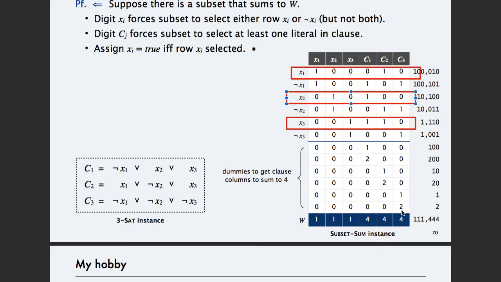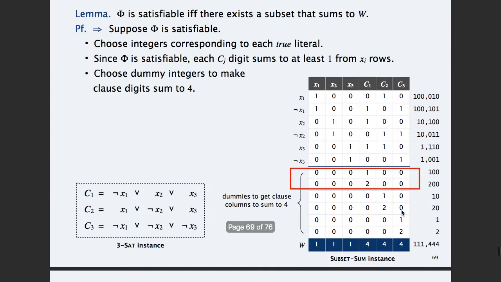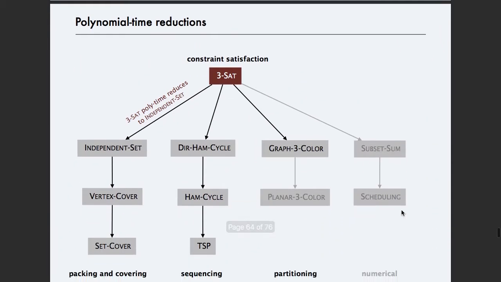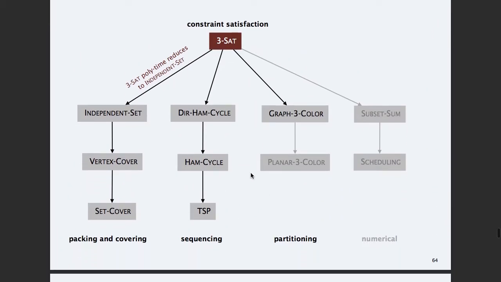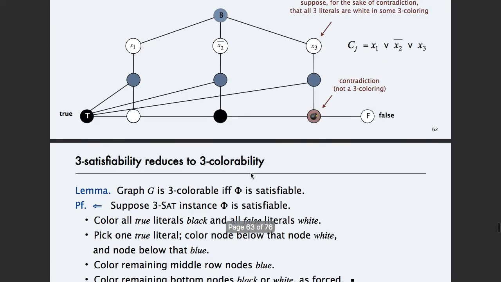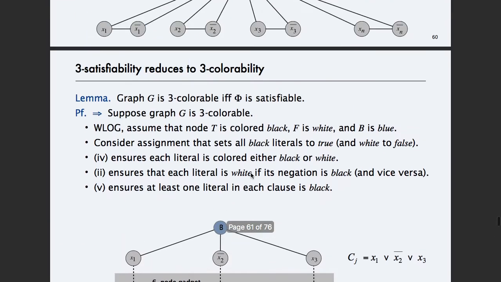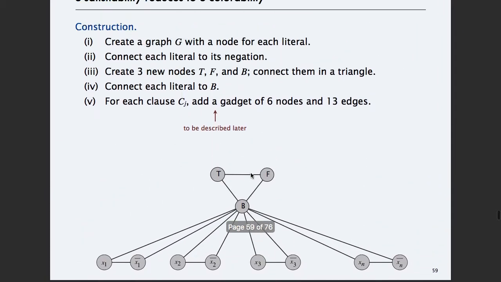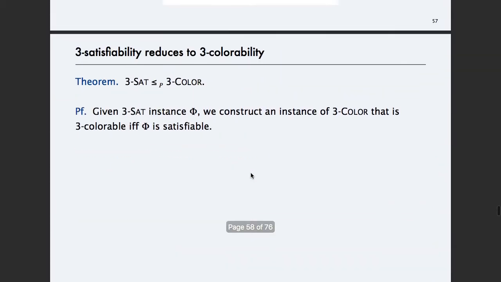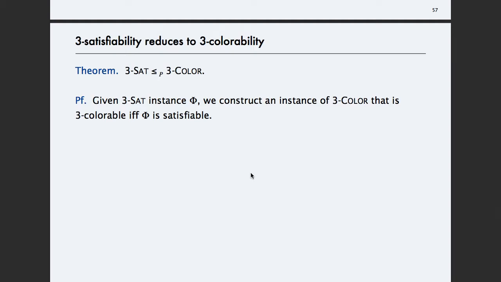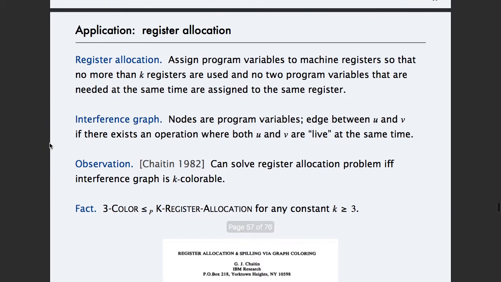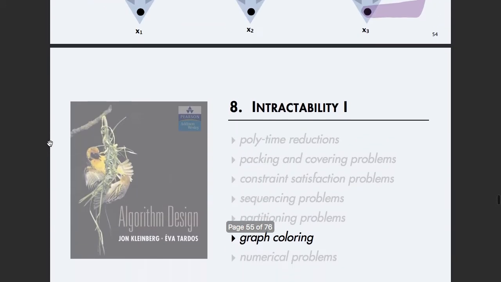Is there a generalized n satisfiability problem then? Yes. Would subset sum work for that as well? What we did before is that normal satisfiability reduces to 3 satisfiability. I think we have not done it, but you can reduce normal satisfiability to 3 SAT.